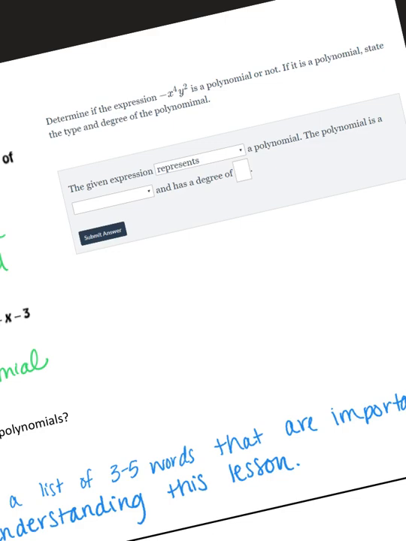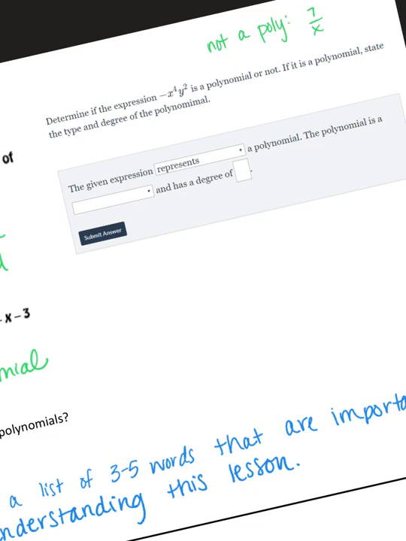It meets our criteria. Something that's not a polynomial is anything that's like being divided by a variable. That might be something like 7 divided by x. That is not a polynomial.